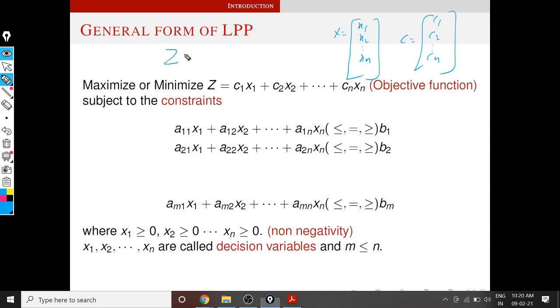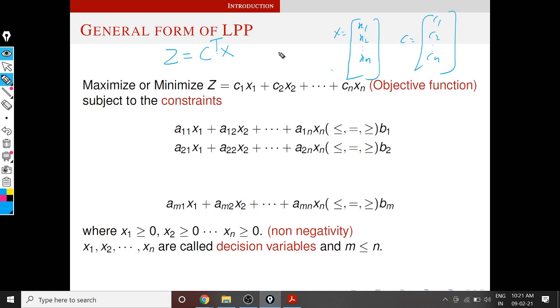Then what is Z? In terms of matrix multiplication, if you choose x as a column vector and C also a column vector, then what is this function in terms of C and x? It is C transpose x, isn't it? You take C transpose times x, which gives the same function.